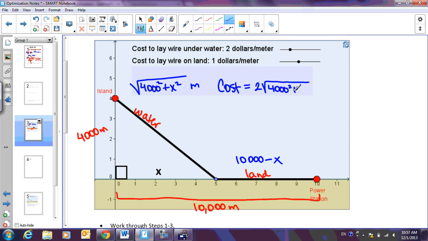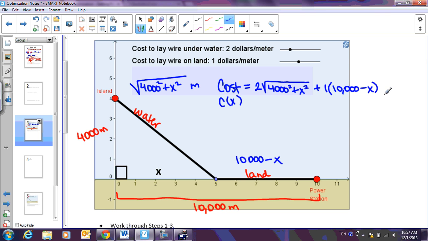We're going to use our calculator anyway. The more stuff you try to do by hand on this, the worse it's going to be. All right, that's the cost of all the underwater wire. Now we're going to add it to 1 times 10,000 minus X. You really don't need the 1, but I wrote it just to make sure you see where it went. Okay, so this is my cost in terms of X. So I could have written this as C of X.